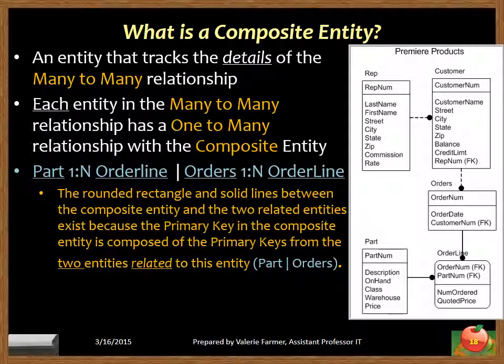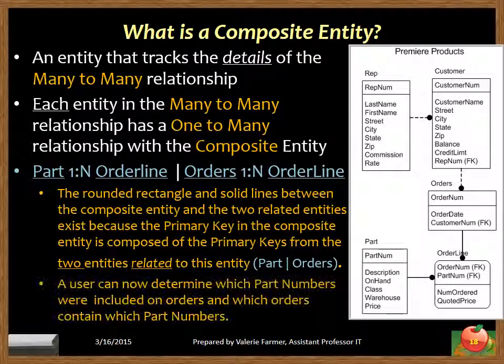Notice the rounded rectangle and solid lines between the composite entity and the two related entities. This is because the primary key in the composite entity is composed of the primary keys from the two entities related to this entity, part and orders. The order number is coming from the orders table, and the part number is the same as the part number in the part table.